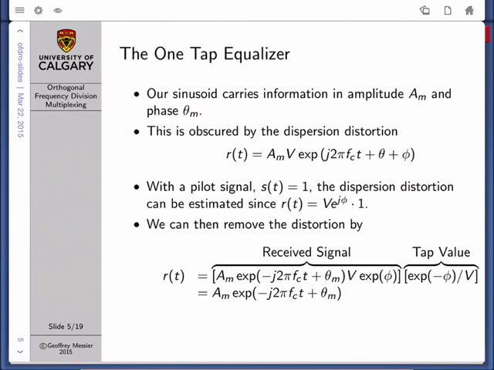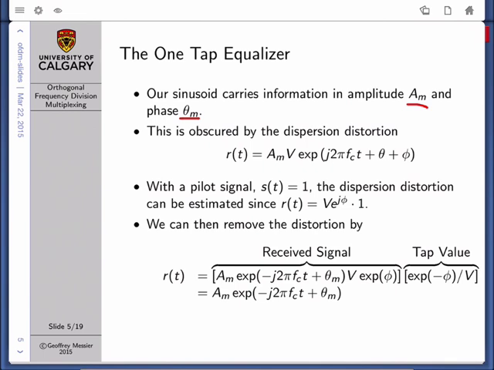And so let's consider an example where we are using a sinusoid and we have an amplitude A_m and a phase theta_m, and both this amplitude and phase term carries information, right? So we want to preserve it at the receiver.